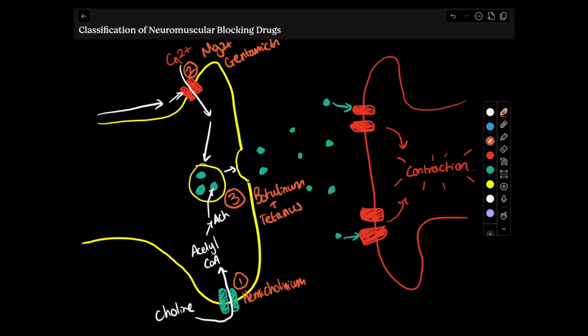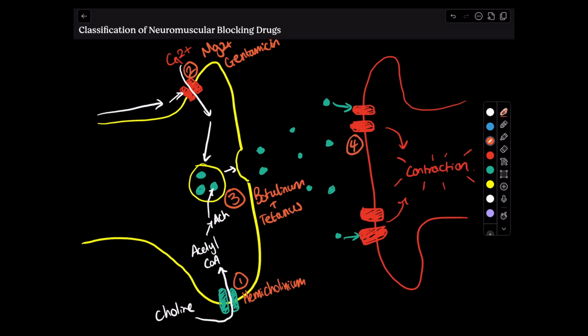Here, the common agent botulinum toxin, which cleaves a protein called SNAP25 and prevents vesicles from fusing with the presynaptic membrane, blocks the release of acetylcholine into the synapse. Tetanus toxin also causes the disinhibition of motor neurons, leading to an excessive firing and depletes these stores as well.